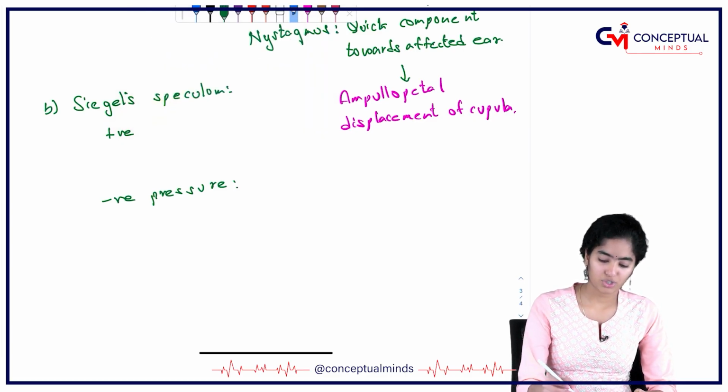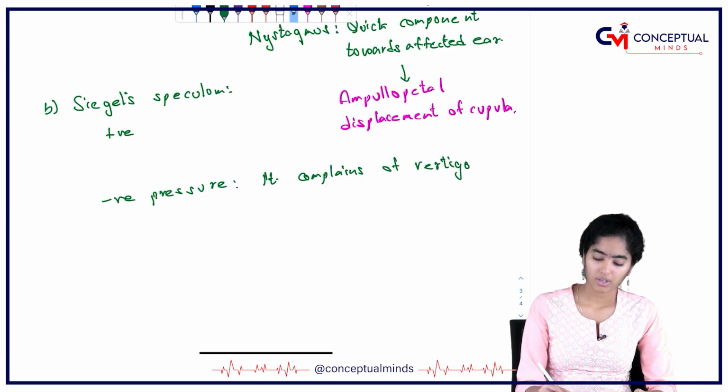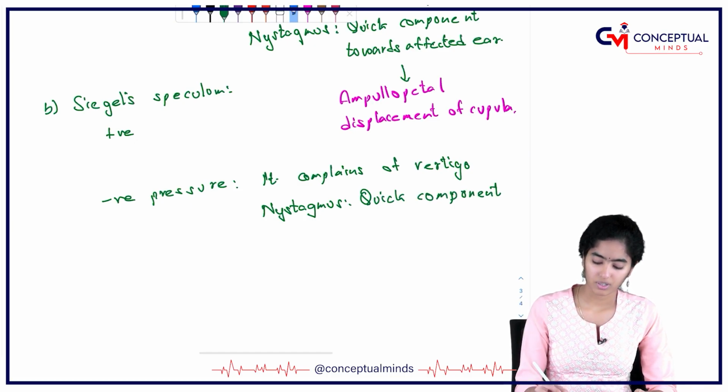When negative pressure is applied, the labyrinth is stimulated and the patient complains of vertigo, and you observe nystagmus. And here the quick component is away from the affected ear.